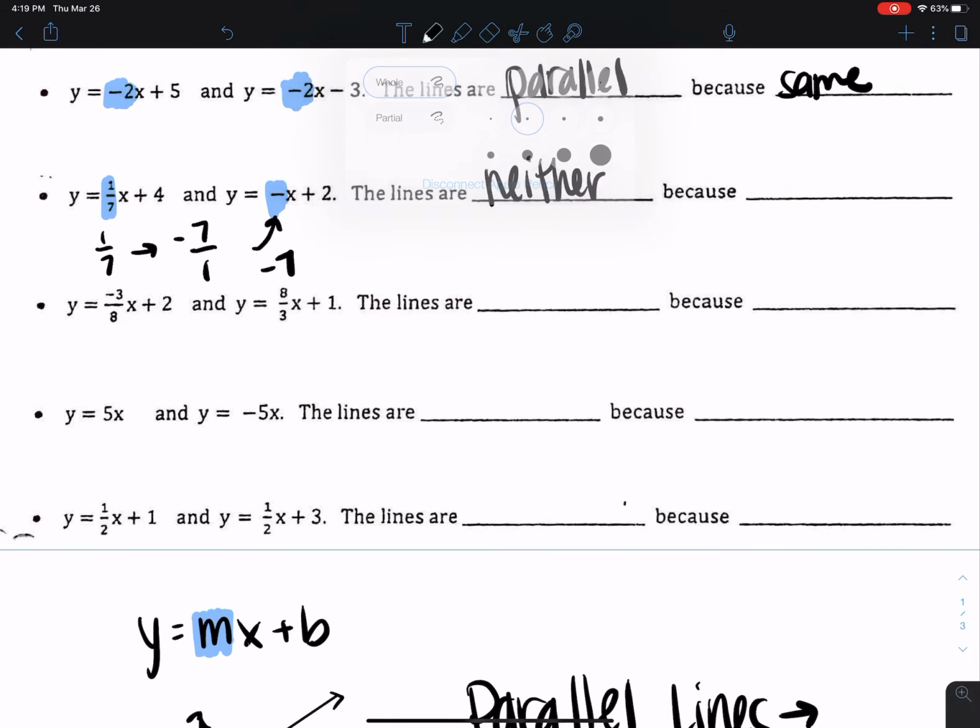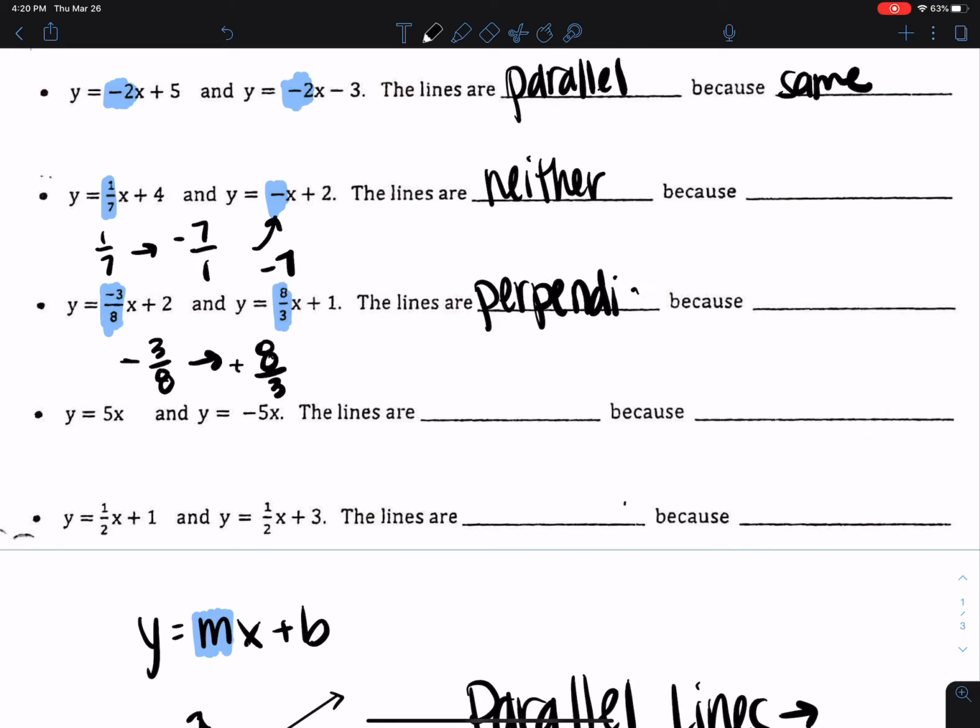Then we have negative 3/8 and 8/3. If we take negative 3/8 and we flip it over, that would be 8/3. This one's negative, so that one has to be positive. So these are perpendicular because the slopes are negative reciprocals of each other. Next we have 5 and negative 5 for our slopes.